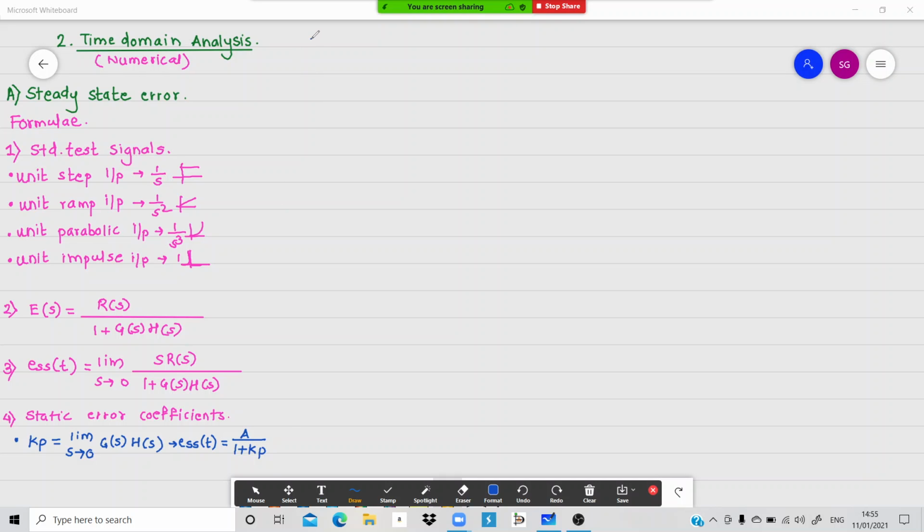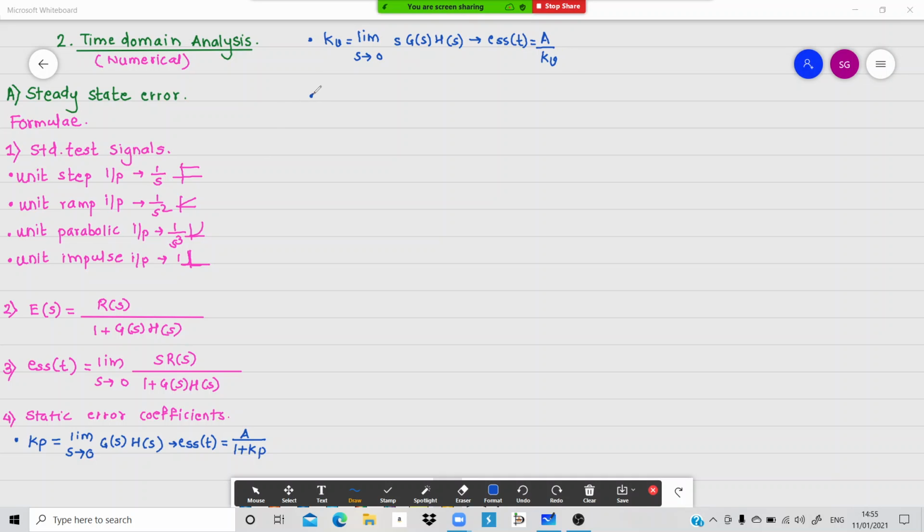Then Kv, that is limit s tending to 0 of s G of s H of s. And in that case ESS of t will be A by Kv.